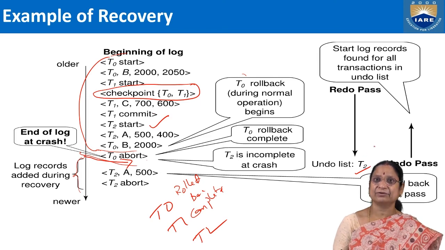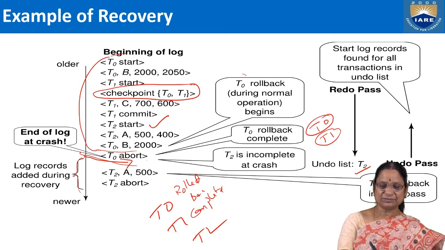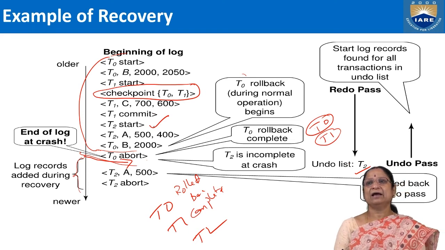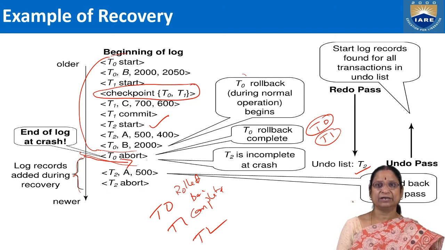So observe: T1 is first in the list, T0 is there, but when T0 abort comes, it is removed. When T1 commit comes, it is removed from the undo list. But T2 start is included and it is still there, because T2 commit was not at all encountered.